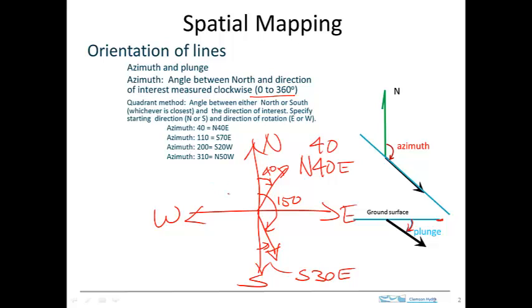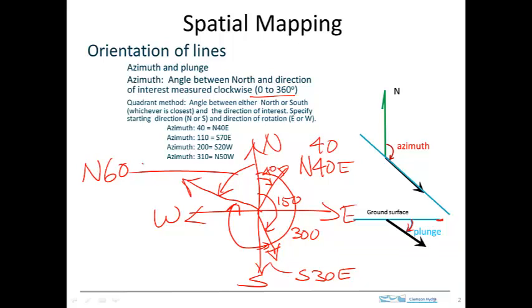And similarly, if we had a line like so, the azimuth would be that angle. So that would be, say, 300 degrees. And in quadrant notation, that would be described as start with north and then go 60 degrees to the west.